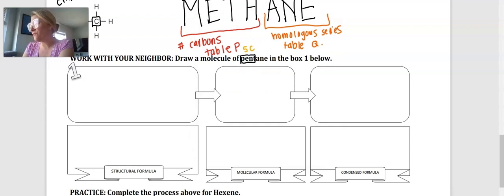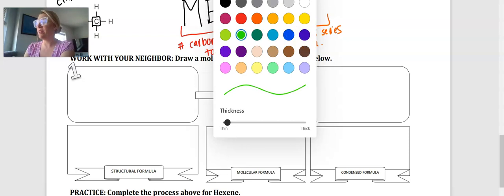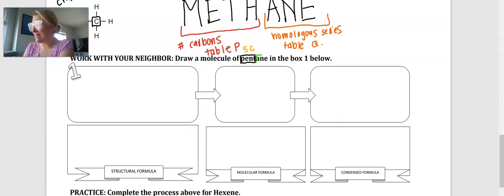The ane ending indicates that it's part of the alkane family. And why that's important is we want to identify the types of bonds that are present. As a refresher, alkanes have all single bonds, alkenes have a double bond, and alkynes contain a triple bond. So because this is an alkane, we are working with all single bonds.